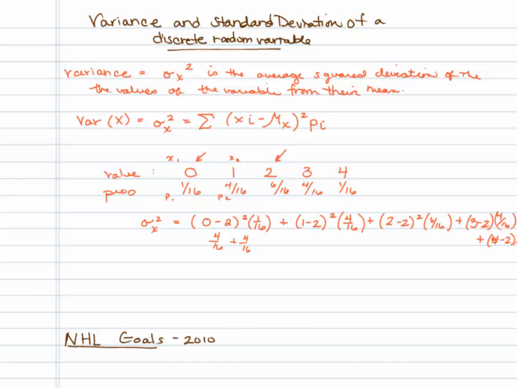This would be 0, so that wouldn't count. 1 times 4/16, and I'm assuming this one's going to also work out to 4/16. So for this one, it should be 1 for our final answer. That's going to be the way it works every single time.